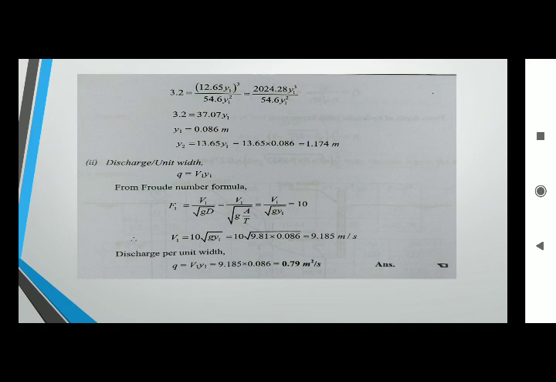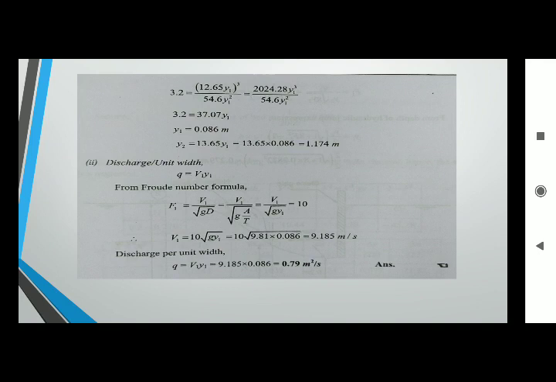Okay. With this, I am completing the third unit and its third module. If a problem is asked in the third unit, mostly that problem will come with either these three models only. Most of the problems will come in these three types only.